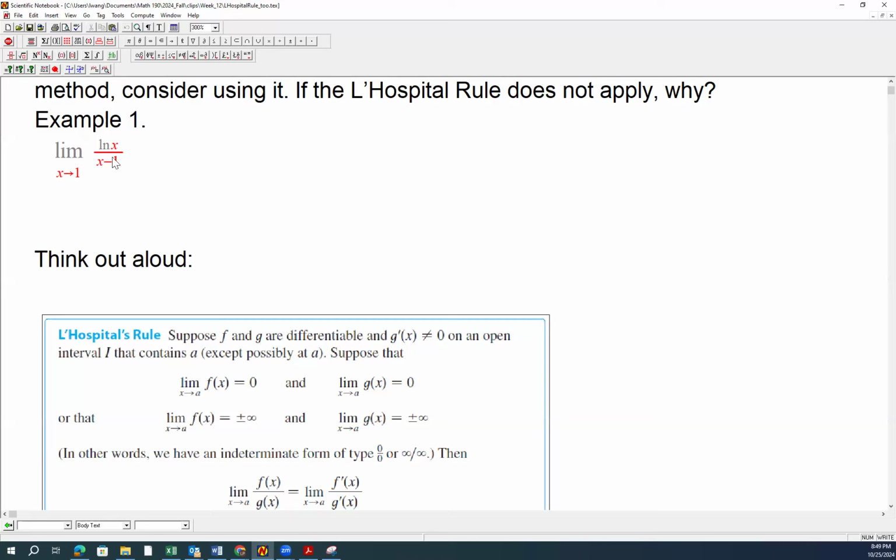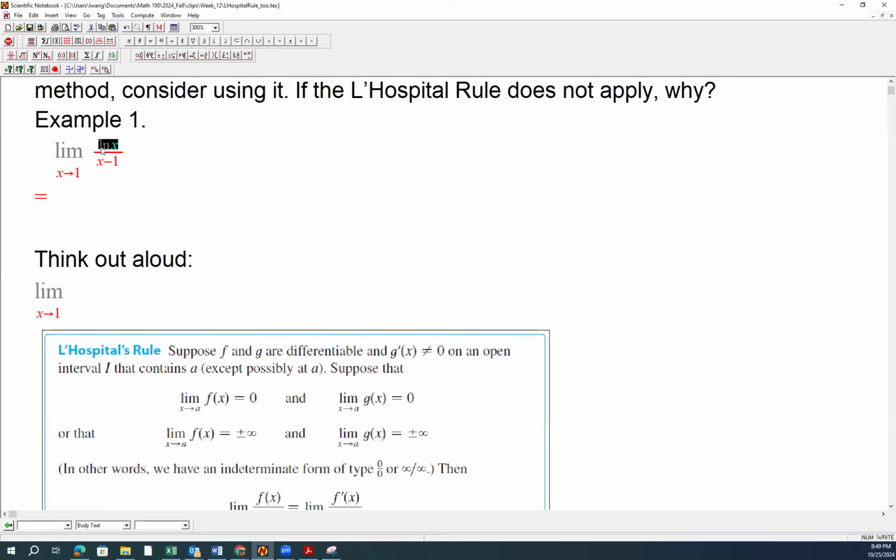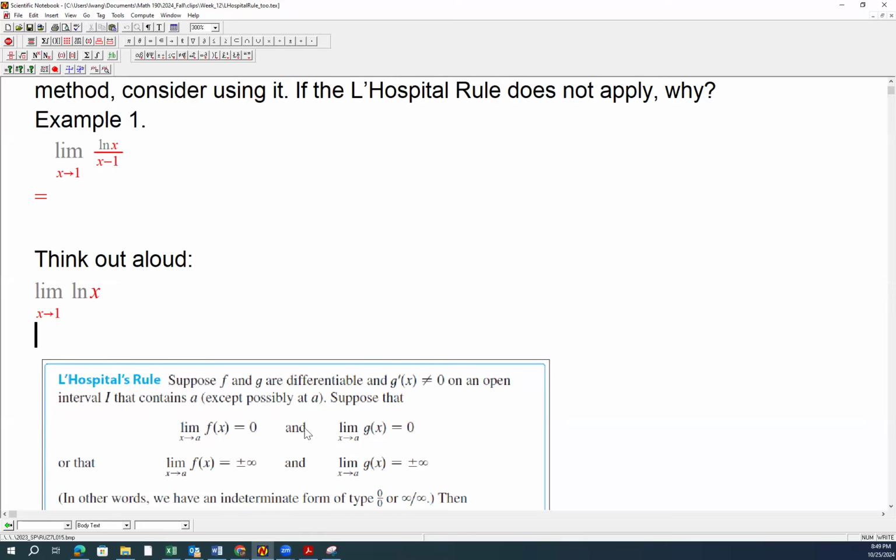So first of all, how do we move on to the next step? When we check the condition, you don't need to check it along with your work. On your scratch paper, you check whether the numerator approaches 0, and remember, this is "and", or they both approach infinity.